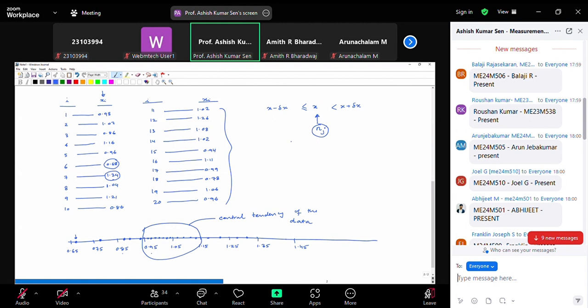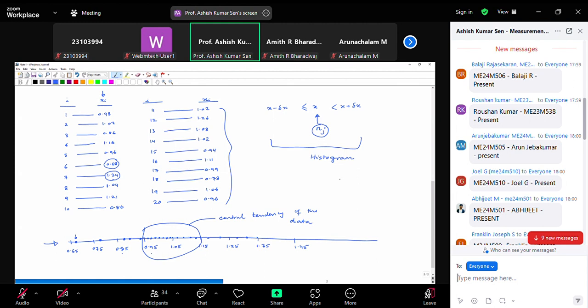So this way of representation of data is known as a histogram, right? The same data we can present not just on a linear scale, but in the form of a histogram.